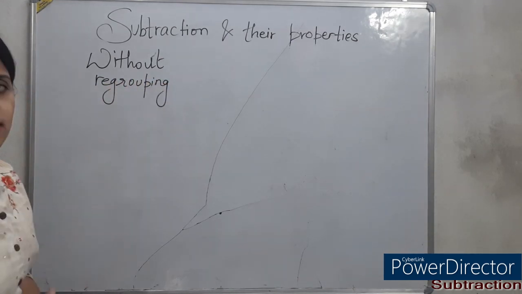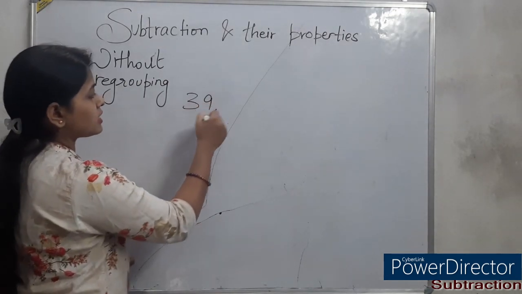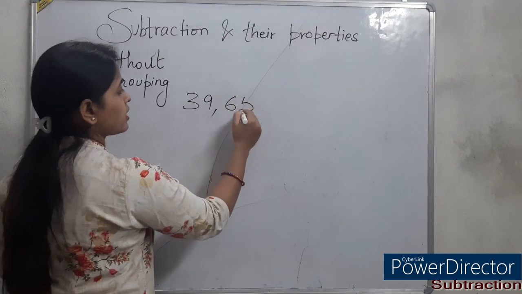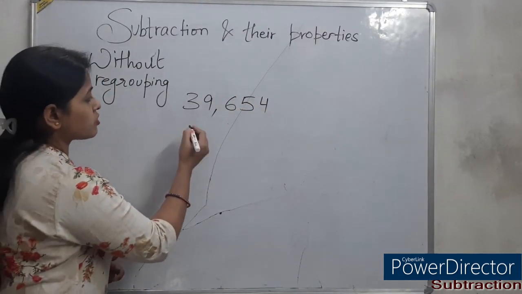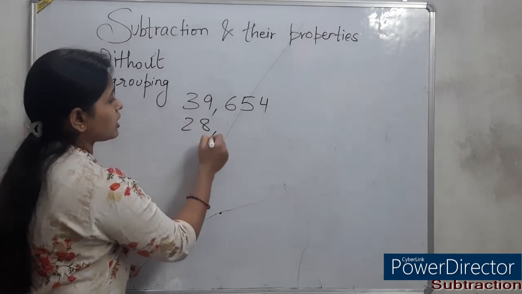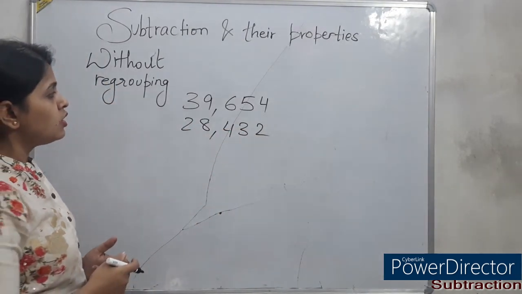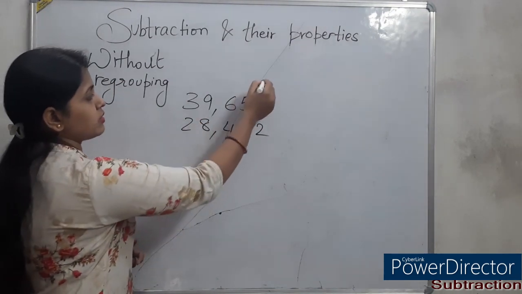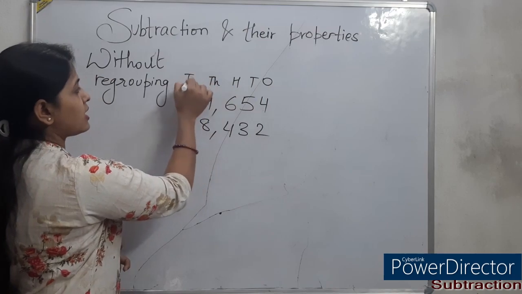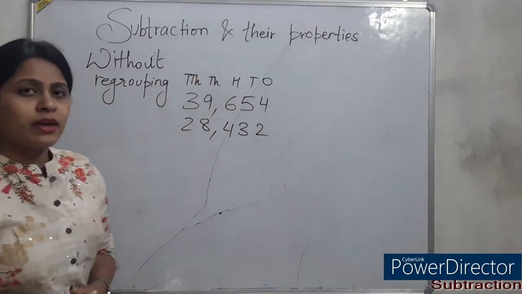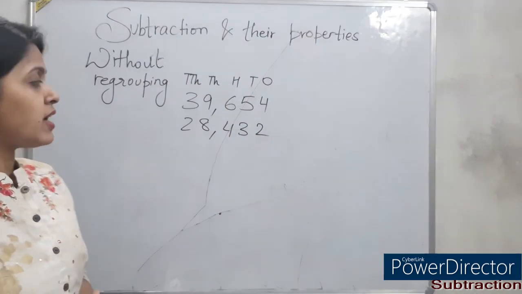Let's take an example: 39,654, and here we have to subtract 28,432. What we are observing here is that the place values are ones, tens, hundreds, thousands and ten thousands. We're talking about a 5-digit number, so there should be 5 place values.